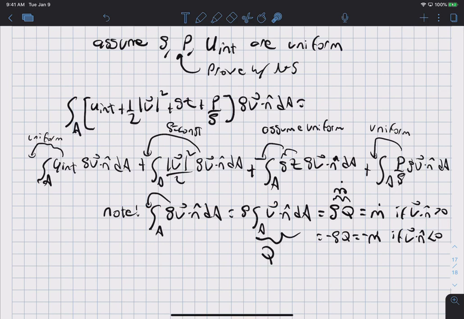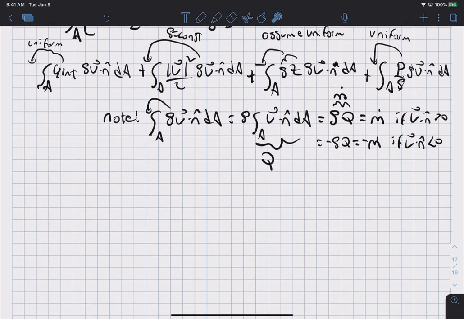So then U_int times the integral over the area of rho V dot n hat dA equals, this here is just m dot, so I will call this plus or minus m dot times the internal energy.